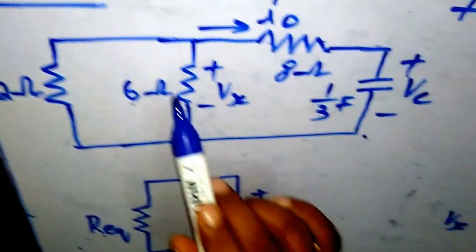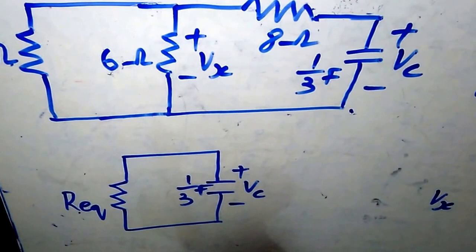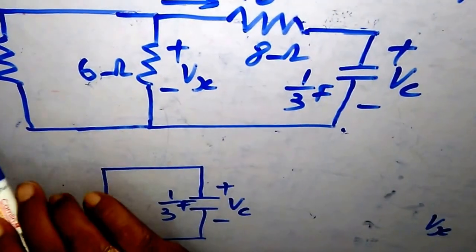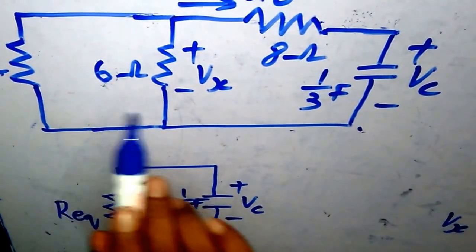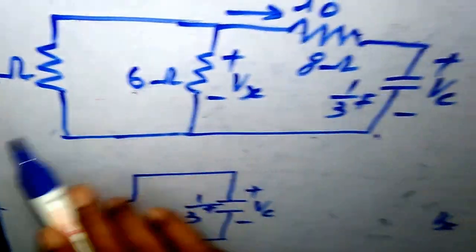To find this one, consider that this 12 ohms and 6 ohms are in parallel.